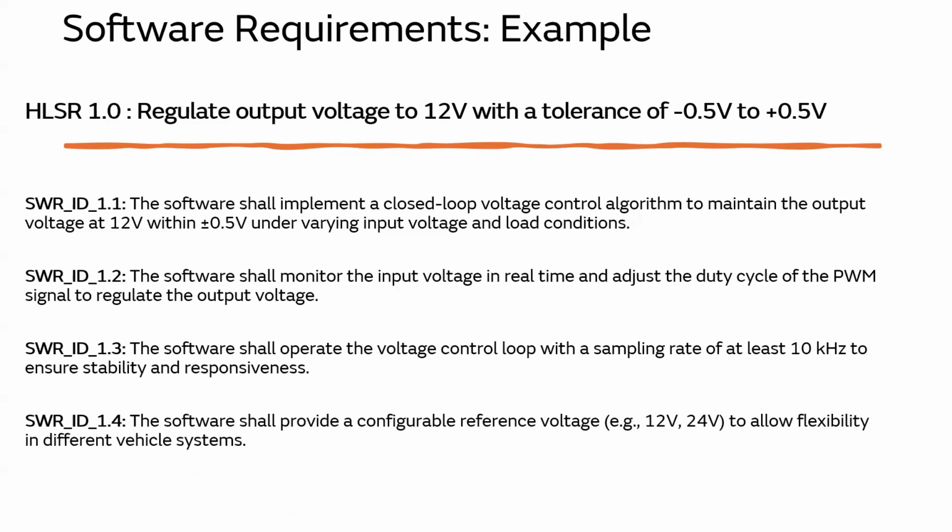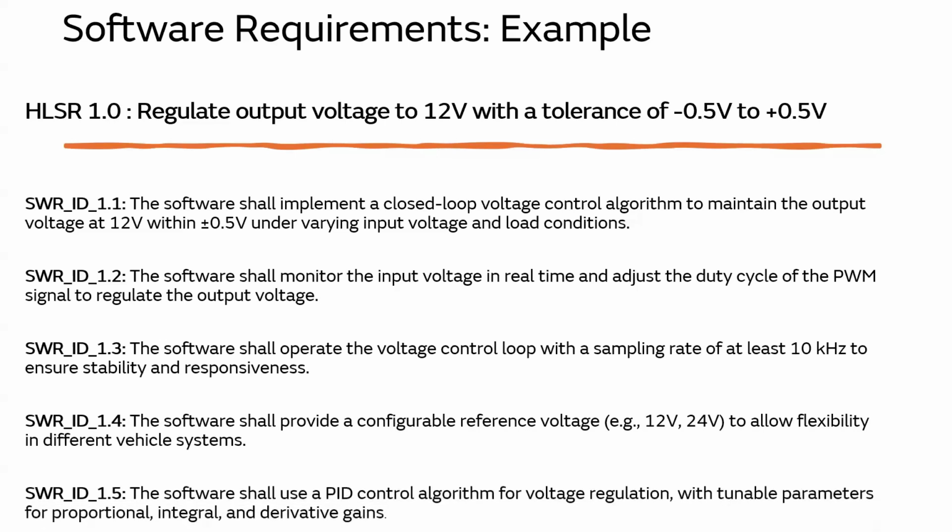It could be like, okay, the software shall provide a configurable reference voltage. And so on. You could also have requirements on what type of controller to use. So we may say that, okay, we may need to use a PID controller, and make these parameters tunable for the P, I and D terms.